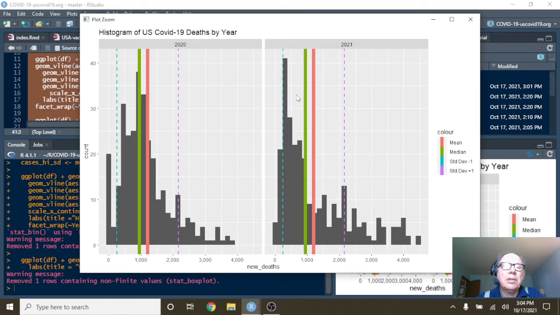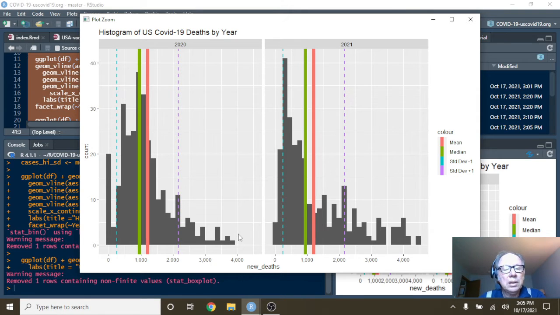One more plot. These are histograms, again as a reference. The dashed lines are plus or minus one standard deviation. The red line is the mean or average. The green line is the median. Again, unimodal, right skewed. I'm still going to say if you drop a wet noodle over here, it'll come down to here.